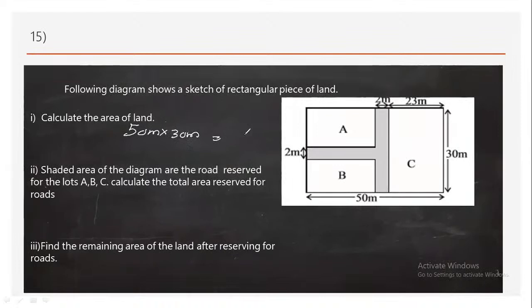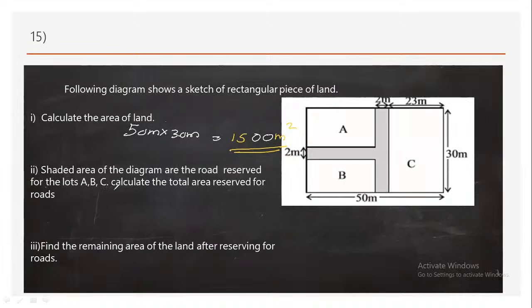I told you, when multiplying, it is easy for you. You can get 2 zeros at the end, and you can add these 2 zeros at the end. 5 times 3, 15. 1,500 square meters.